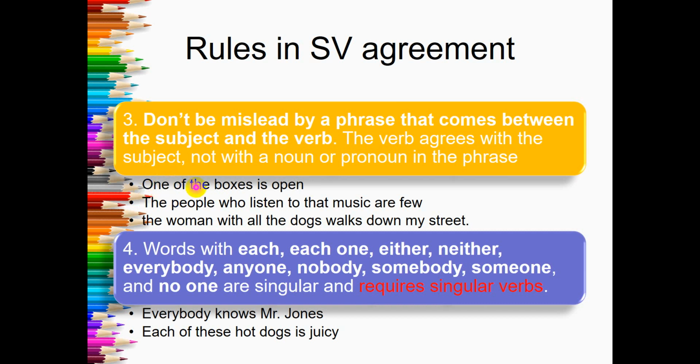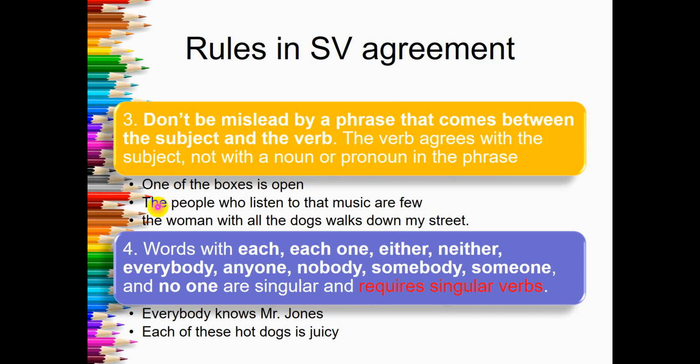Since we got one and we got boxes here, the misleading part is the boxes. Because boxes here is plural, then we use plural form. Actually, it is wrong. We have to focus on the main part, that is one is open.